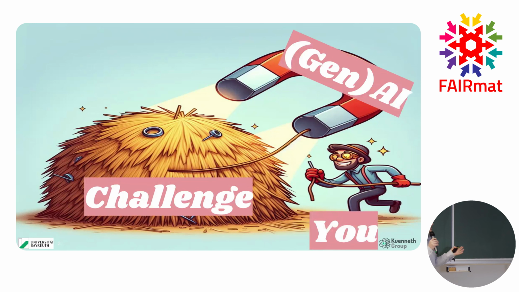We want to discover or find a specific new material, but the configuration space is just extremely large and extremely complex. So we are looking for a needle in a haystack, and this is a tedious and costly process for companies and researchers. That's where AI or generative AI comes in as a magnet. It helps us to find the needles in the haystack much, much faster. And then there's, of course, us. We are controlling this AI to some extent, what it does.